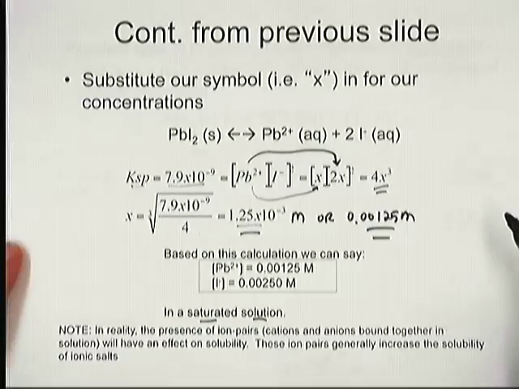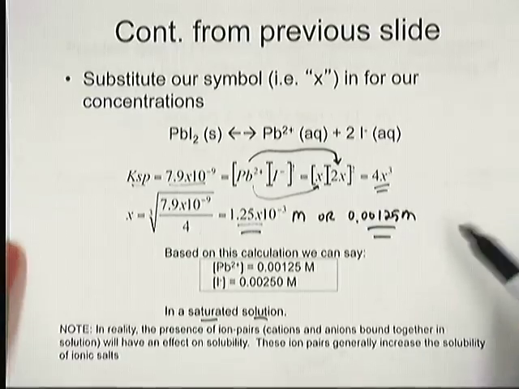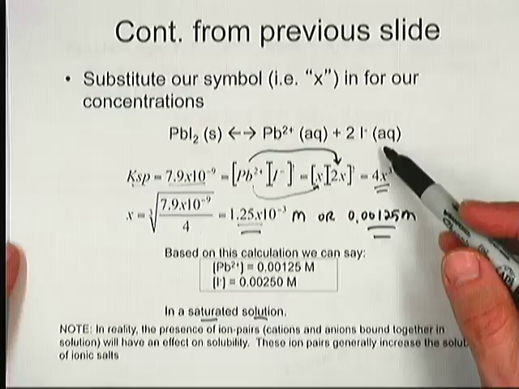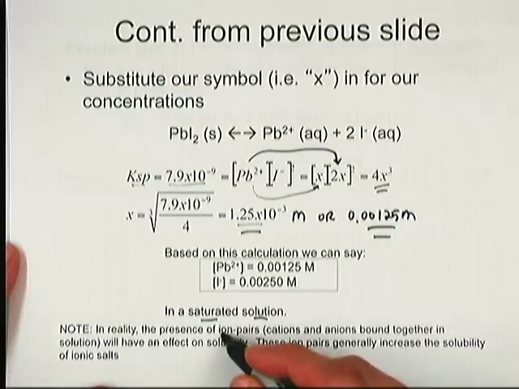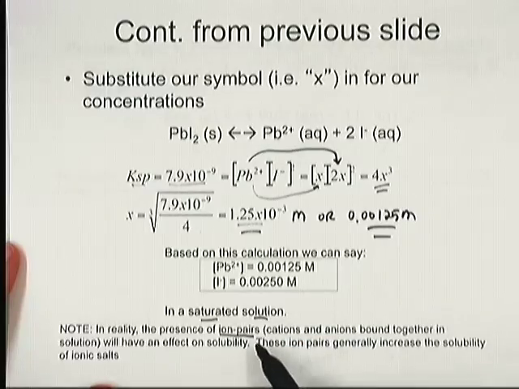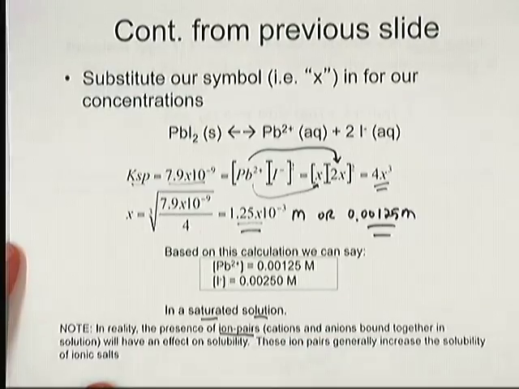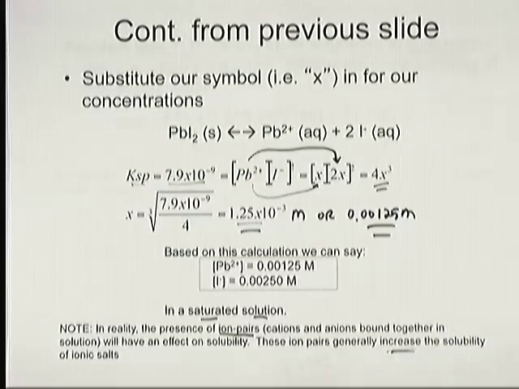If other ions are present in the beaker in which this is dissolving, it's also very likely the solubility will change, because ion pairs can form in solution, and that can have dramatic effects on solubility. Generally, we increase the solubility of ionic salts in such cases. There's sometimes a chapter on something called activity in your analytical chemistry or quantitative analysis textbook.